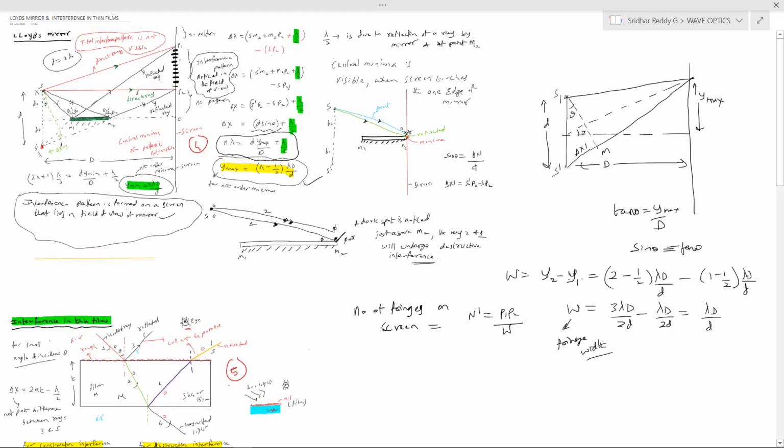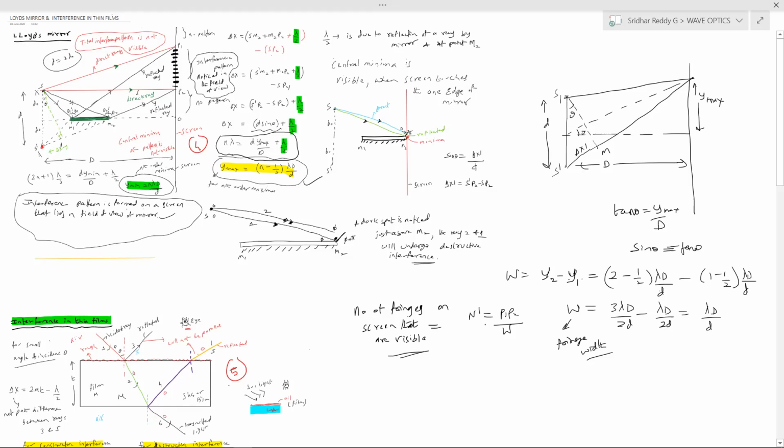This particular distance, which has to be determined from the geometry. Not all the fringes will be visible. Only part of the pattern will be visible. So I'm asking how many fringes are visible. From geometry, we calculate P1P2 by fringe width, which will give the number of fringes visible on the screen.